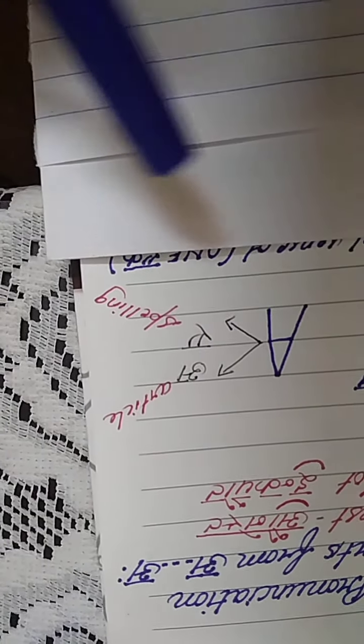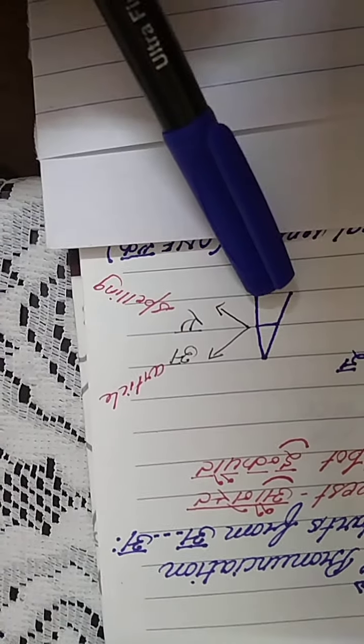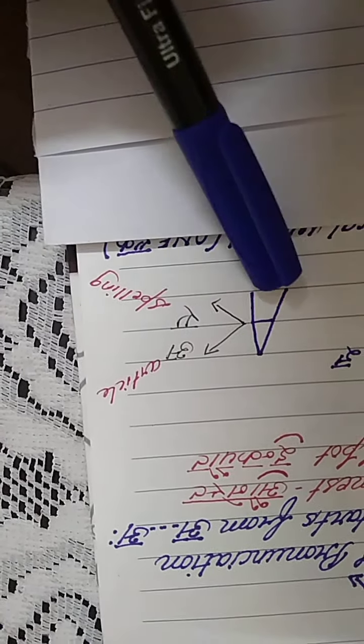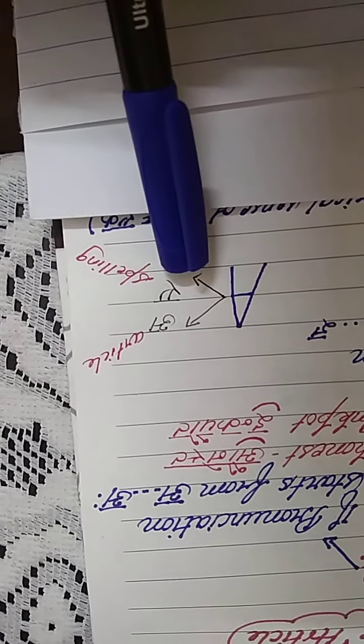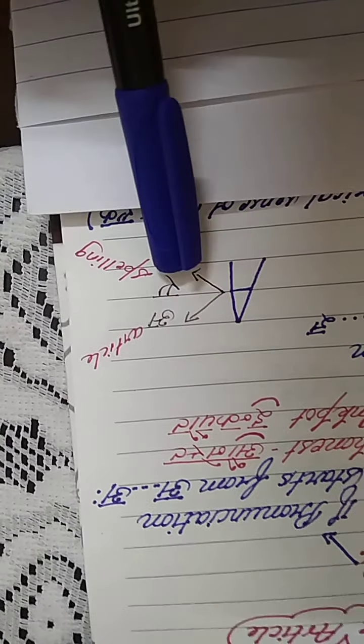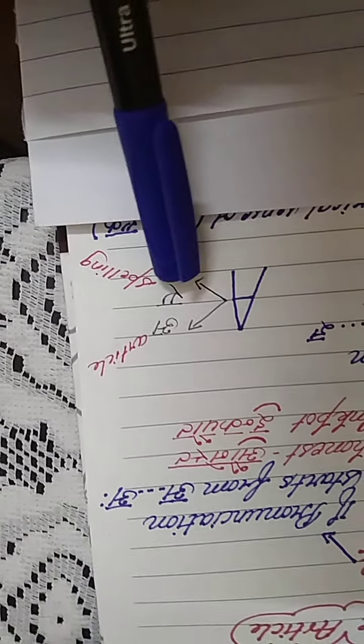Very specific thing I am going to tell you. If this alphabet has been used as an article, it is pronounced as uh. And if this alphabet has been used as spelling, or you are speaking about it as a spelling of a particular word, then the accent of this alphabet will be ay.